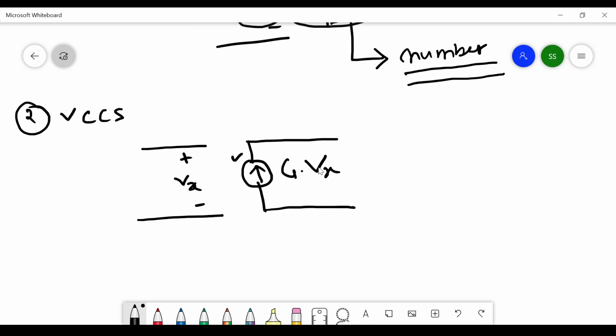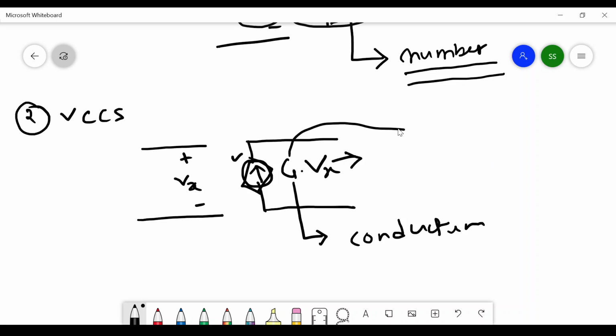To make it a current source, this particular element has the dimension of conductance. This is called transconductance.